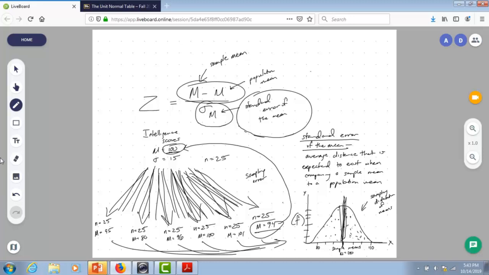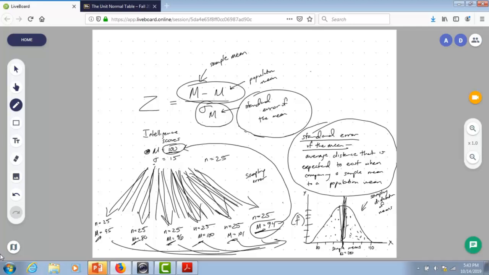Stick with me. Now, the average variation, or the average distance that we would expect a sample mean to be away from the population mean, is the standard error of the mean.